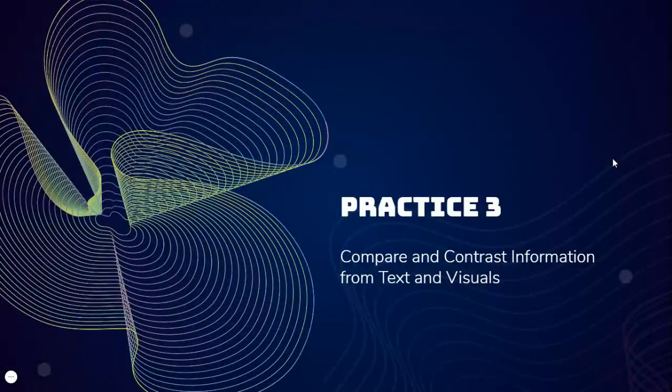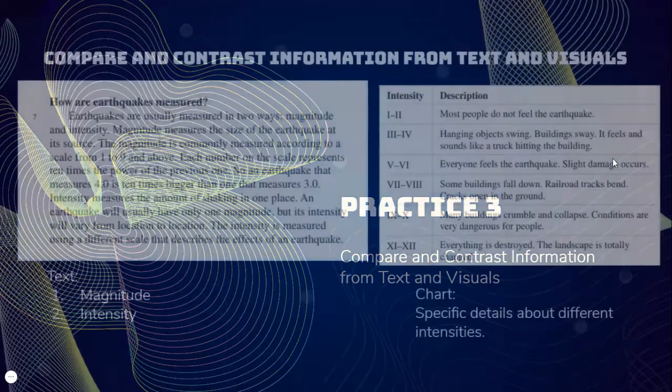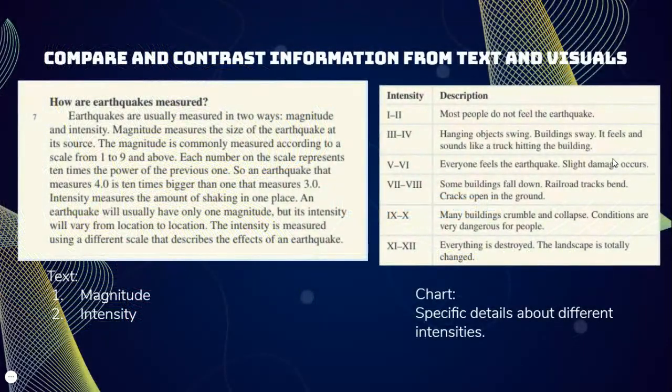Practice 3. Compare and contrast information from text and visuals. Compare and contrast the information in the chart with the information in paragraph 7. The text gives two ways to measure earthquakes: magnitude and intensity.